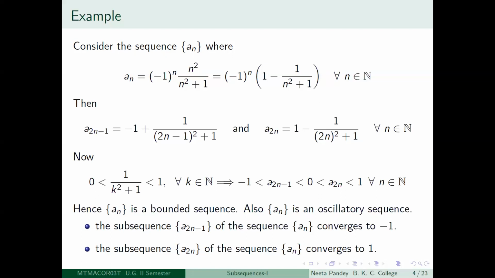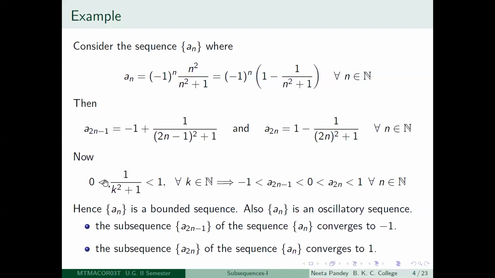Fine. Again, keeping in mind the Bolzano-Weierstrass theorem, which we will discuss sometime later, I want you to notice that this original sequence is actually a bounded sequence. How do you notice that? Look at any positive integer k. Then 1 by (k squared plus 1) is a number between 0 and 1, right?